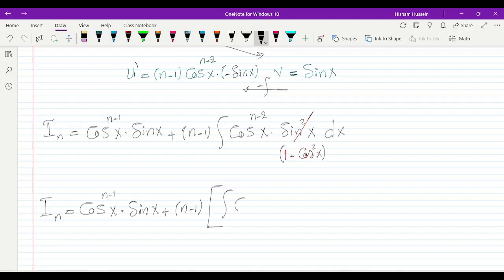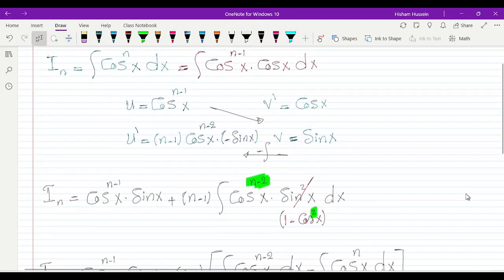So it's the integral of cosine to the power n minus 2 x dx minus the integration of cosine to the power n minus 2 times cosine squared, which by adding the powers is cosine to the power n. So it's the integral of cosine to the power n x dx.